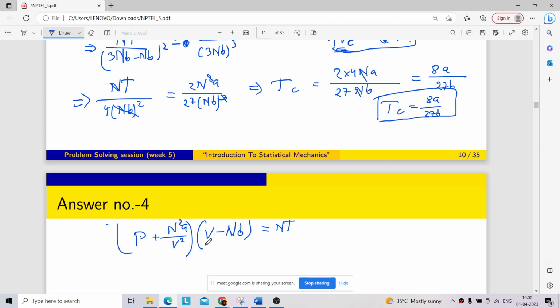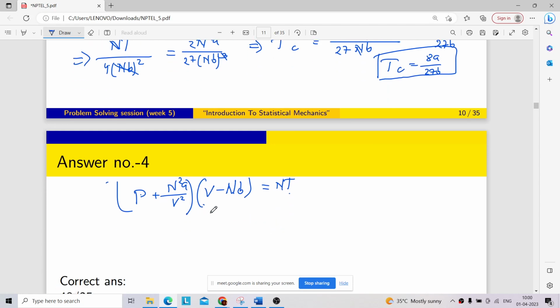So I have VC and TC. So if I put those values here, then I will get PC, right? So let's write this as PC, and let's solve this first. Okay. So P will be NT over V minus NB minus N square A over V square, right?